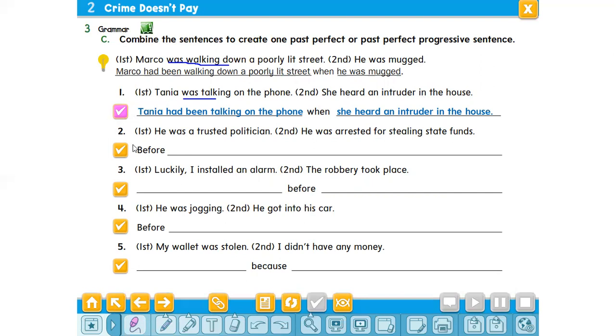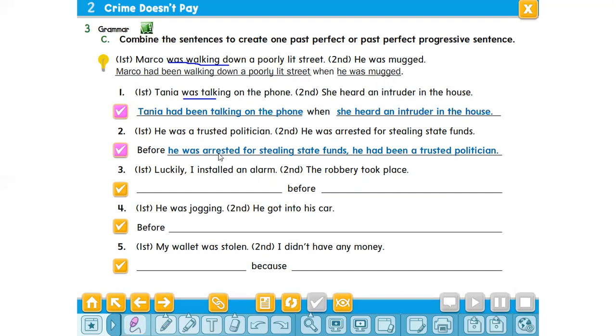Number 2, first action, he was a trusted politician. The second action, he was arrested for stealing state funds. Pay attention, before is followed by the second action. Okay?